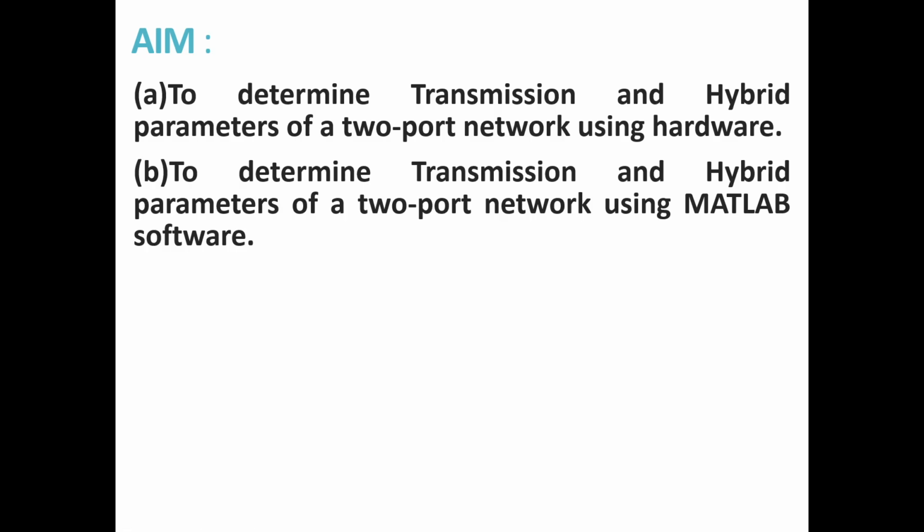To determine transmission and hybrid parameters of a two-port network using MATLAB software is the second part. You can pause the video and note down the aim in your observation or in your record.